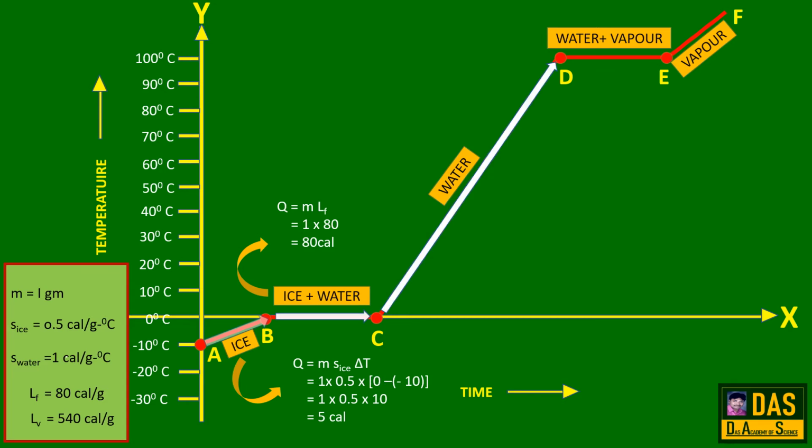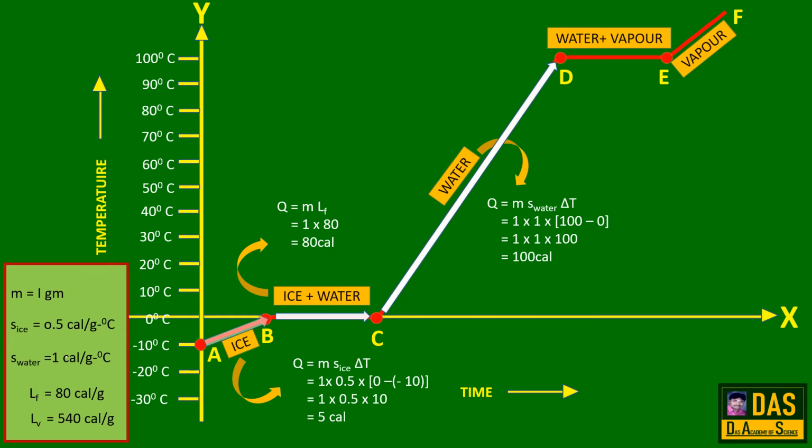And observe now between C and D. Here there is difference, that is there is some change in temperature from 0 degrees Celsius to 100 degrees Celsius, but there is no change in state of the matter, only liquid state is there, that is water. So here we use the formula Q is equal to m s delta T only to find how much heat energy is required to convert 1 gram of water at 0 degrees Celsius to 1 gram of water at 100 degrees Celsius.